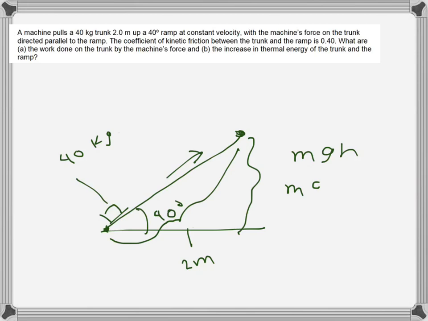Since the height is not given, what is given is the ramp length and the inclination angle. The length is 2, so the height will be 2 sin 40 degrees, because this is 2 and h will be 2 times sin 40 degrees. So that is the work done there.